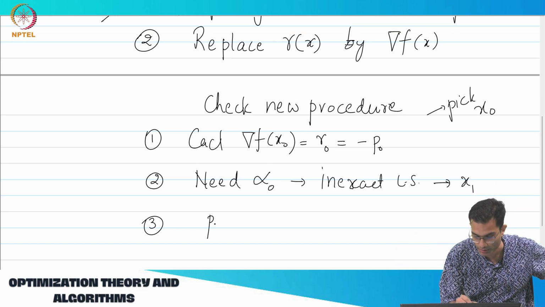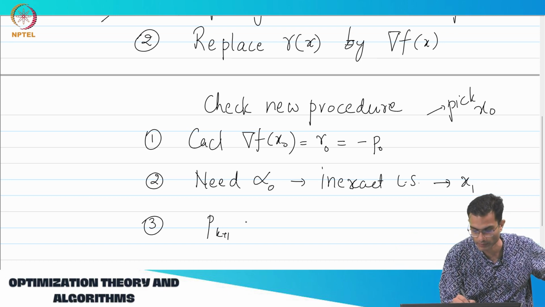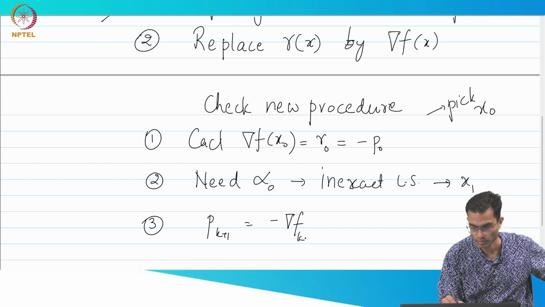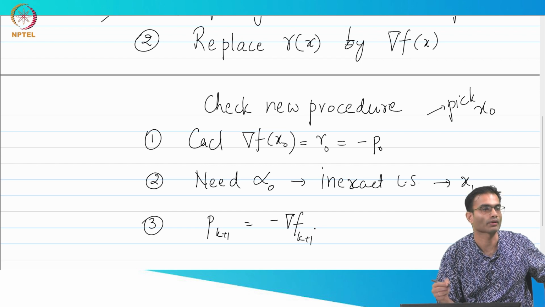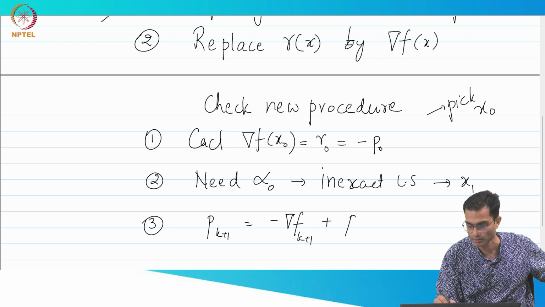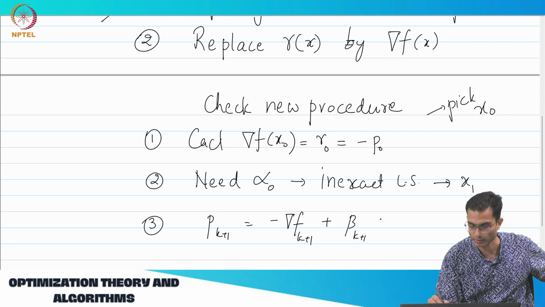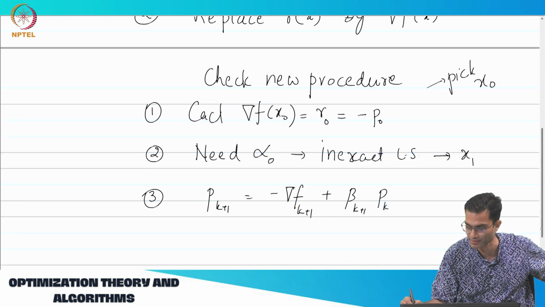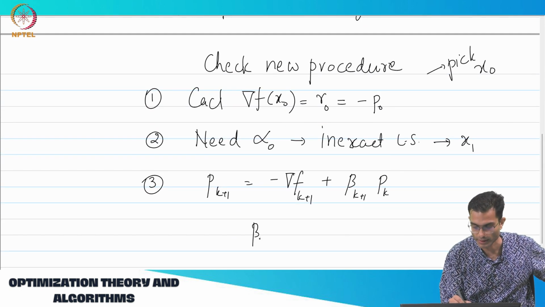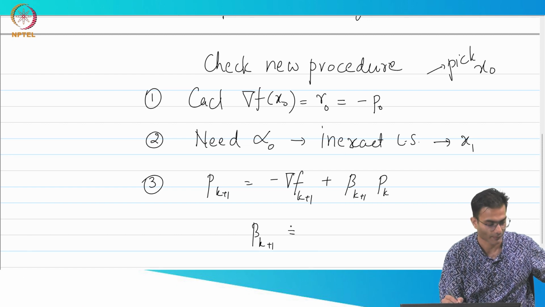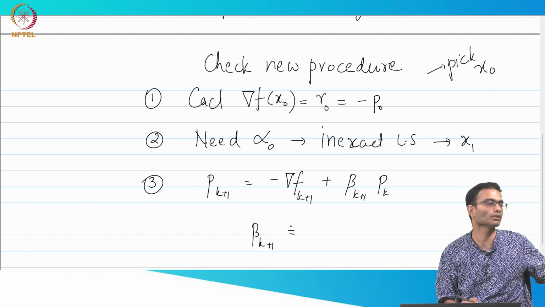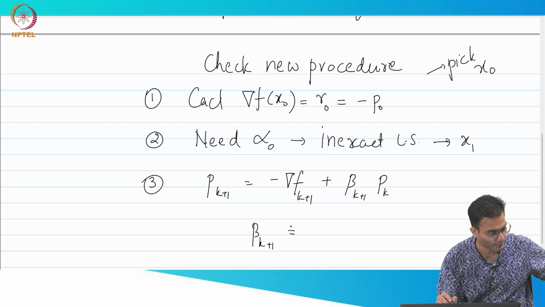So what was my original expression for p(k+1)? We said that it is related to the residual, or in this case now the gradient, plus some linear coefficient times the previous search direction. Now if you look at the expression for beta(k+1), if I just replace the residual by grad, what will I get?